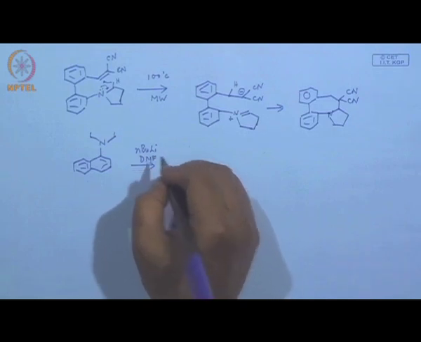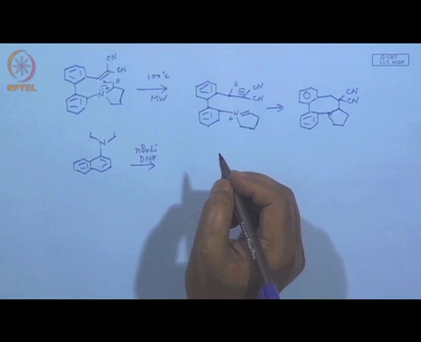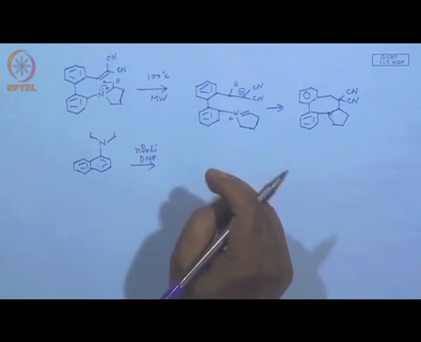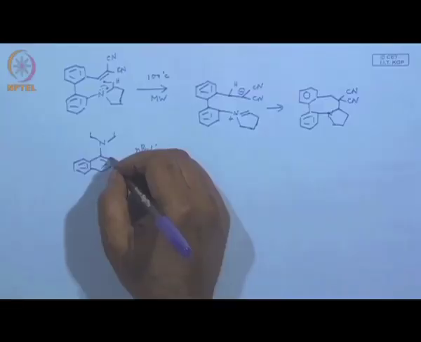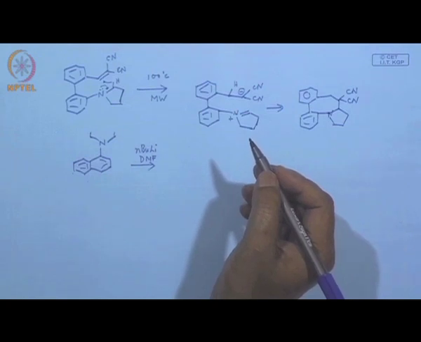I think all of us know what is going to happen, right? What is going to happen? Introduction of CHO. But at which position? It says 1, 2, 3, 4, 5, 6, 7, 8.